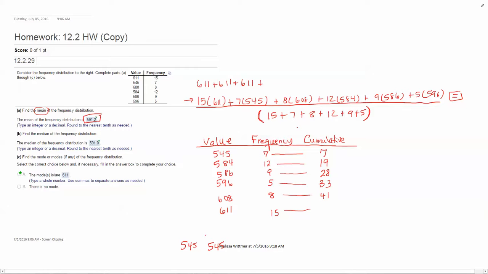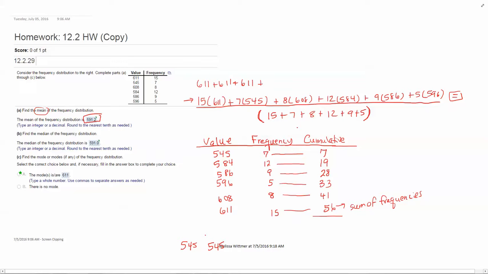And finally you add the 15, and you get 56. If you've added these correctly, the last value should equal the sum of all the frequencies, meaning you have a total of 56 numbers in your data set.